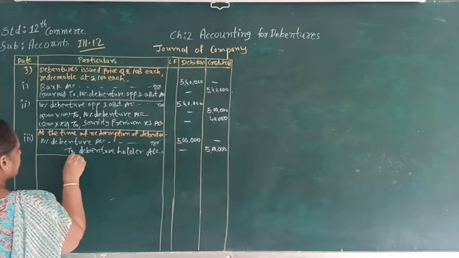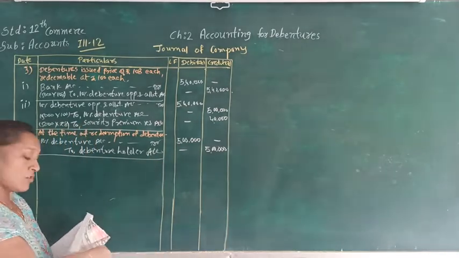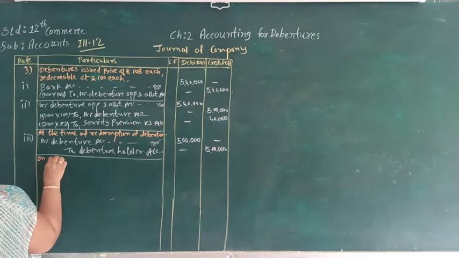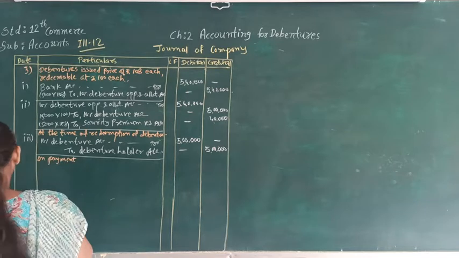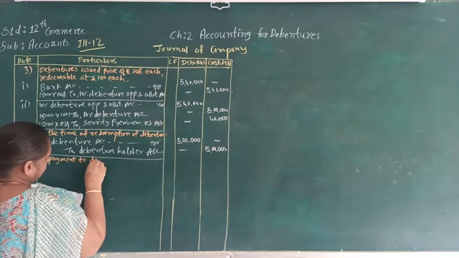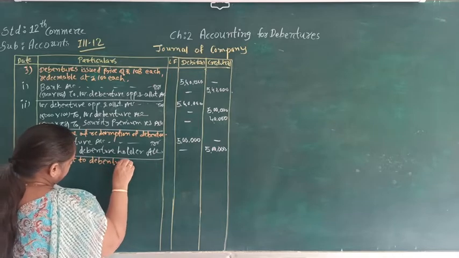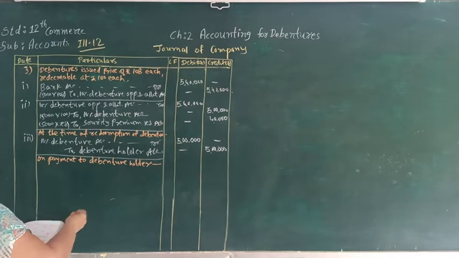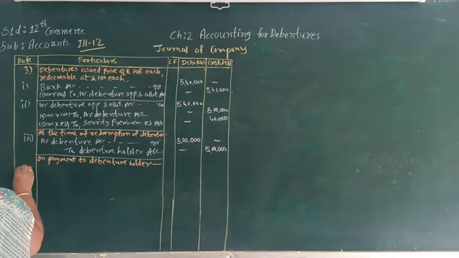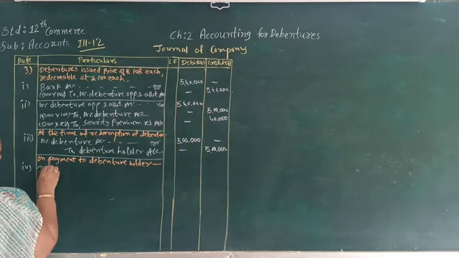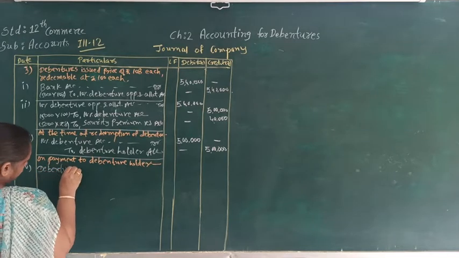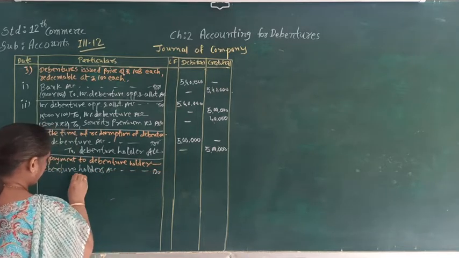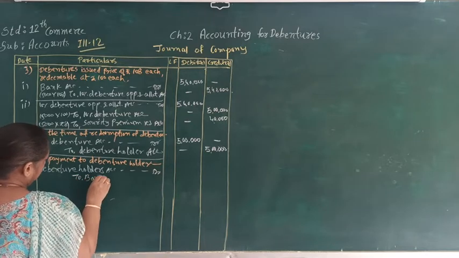And again, at the time of payment to debenture holder, the journal entry will be debenture holder account debit to bank account.